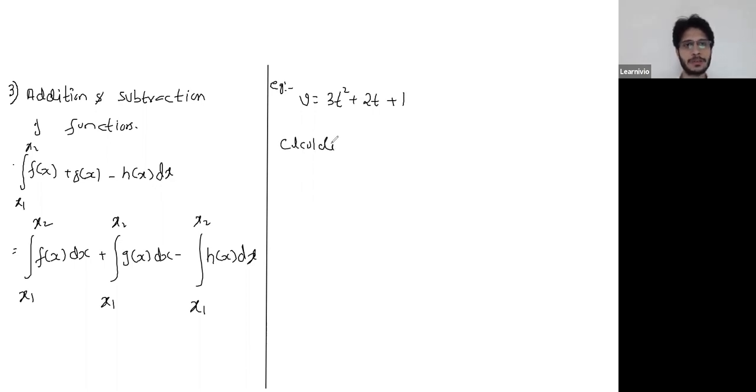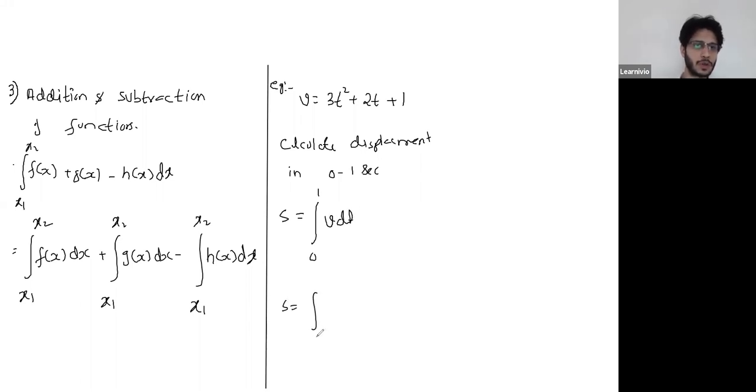Calculate displacement in 0 to 1 second. So displacement is simply integral of velocity. From 0 to t, you have to integrate v. So this is 0 to 1, it's v. v is 3t square plus 2t plus 1.